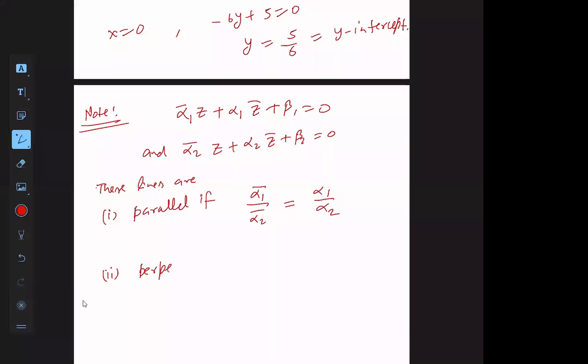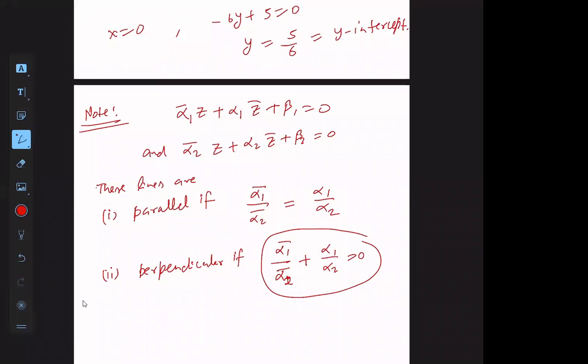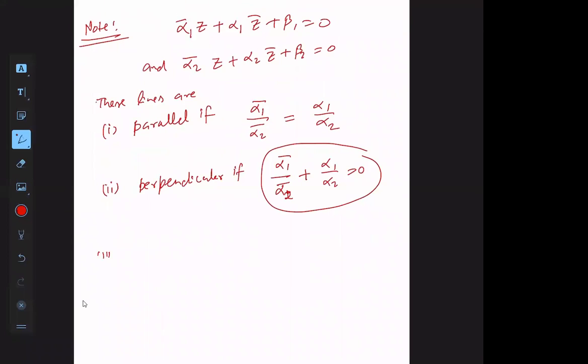Perpendicular if... Second one is, this is the first result.